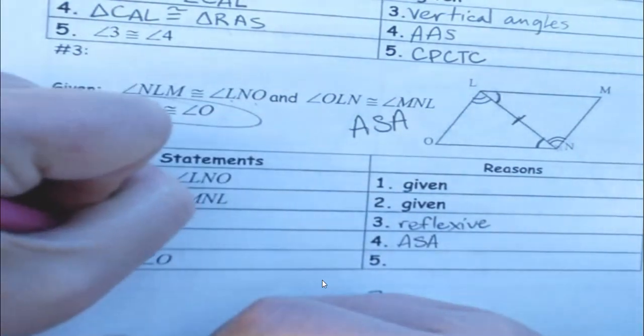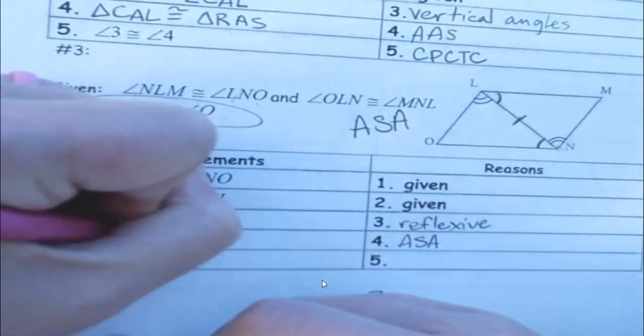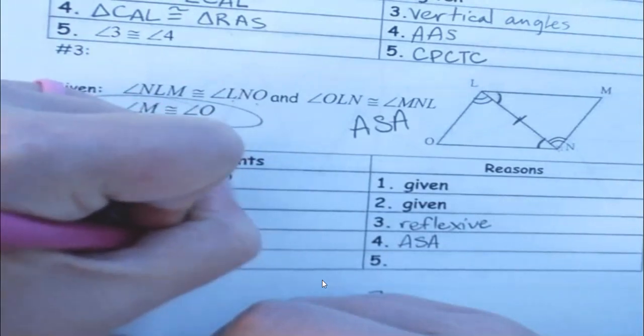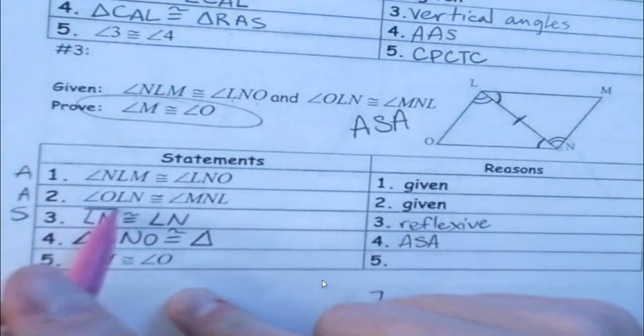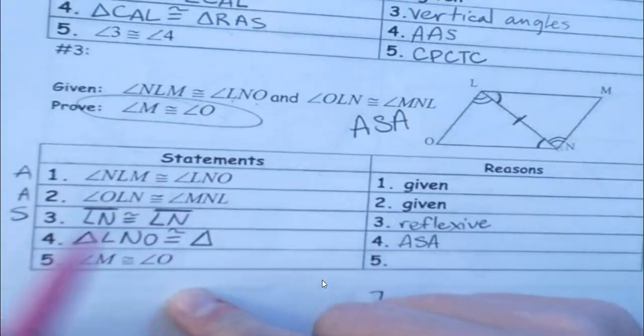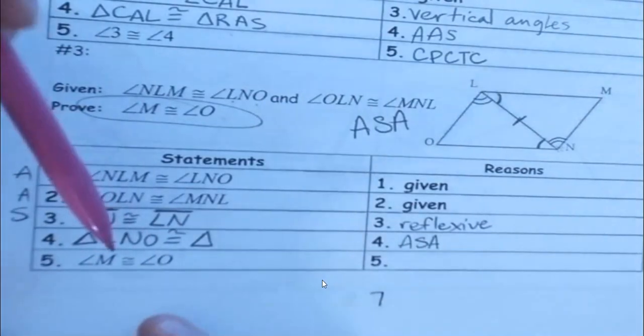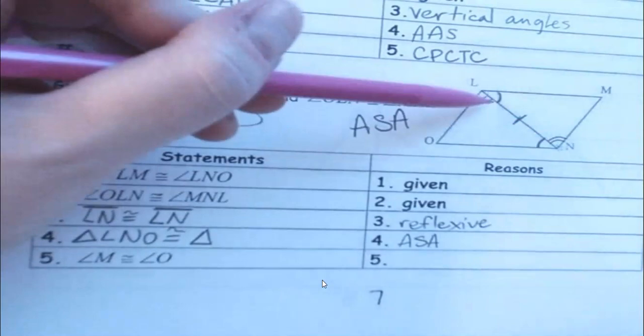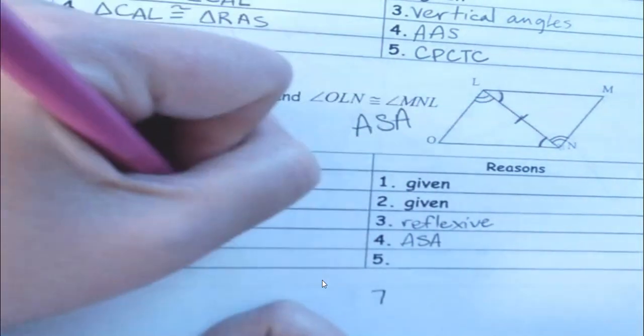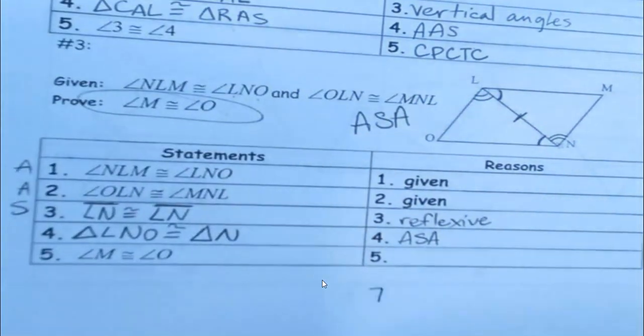So triangle LNO, and this is the confusing one. Notice the difference. This is also not angle N is congruent to angle N, because that can get confusing. That's LN. LNO, so L matches N on the other triangle. L and N both have the same marking.